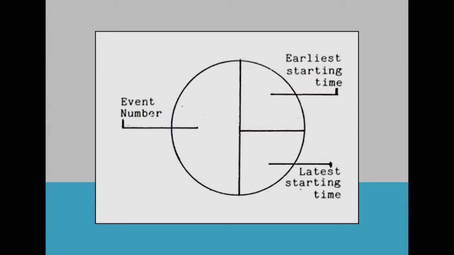Event is usually denoted by a circle which is divided into two equal halves. One half is meant for event number. The other half is further divided into two segments representing the earliest starting time and the latest starting time. This can be represented as shown in the figure here.